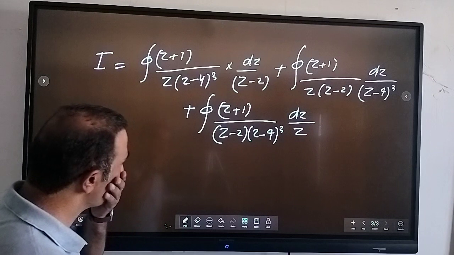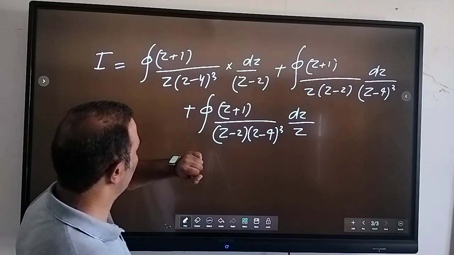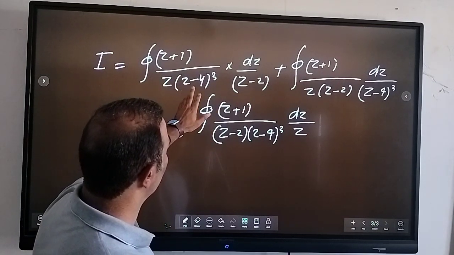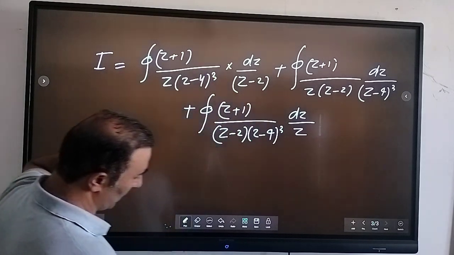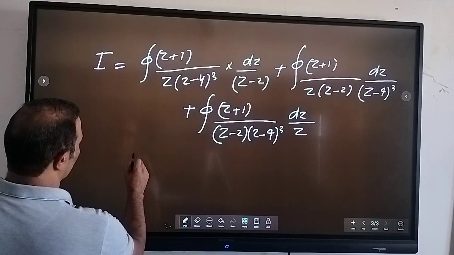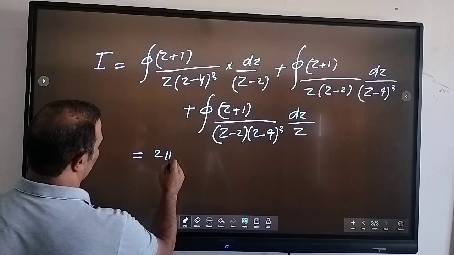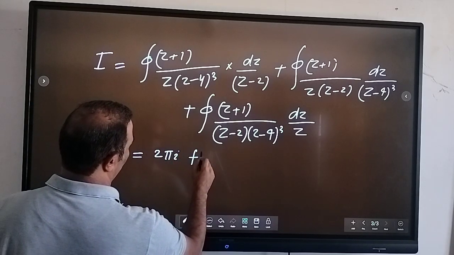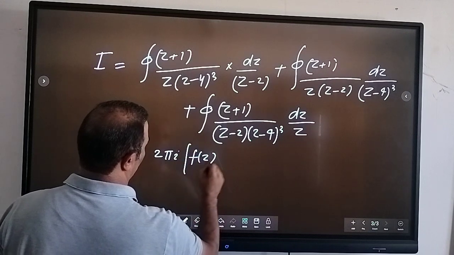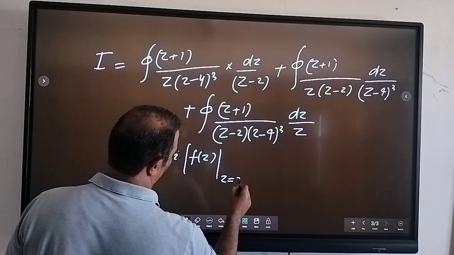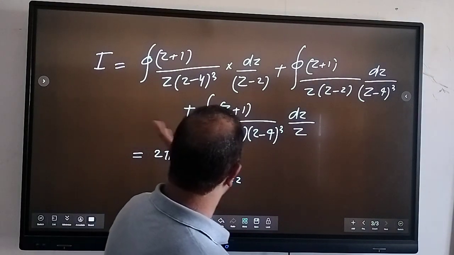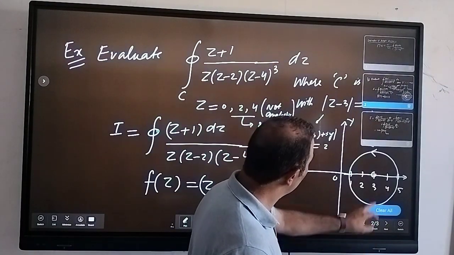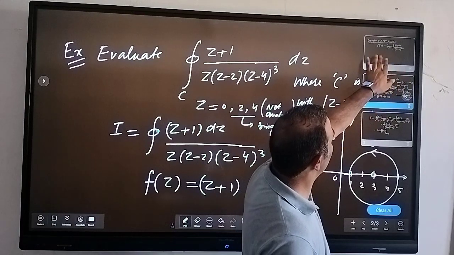Okay, so what will be the first integral? When you put z equal to 2, this will simply be equal to 2 pi i f of z at z equal to 2. Why am I writing this? Just go back and check this integral.